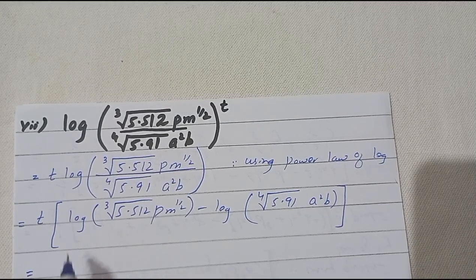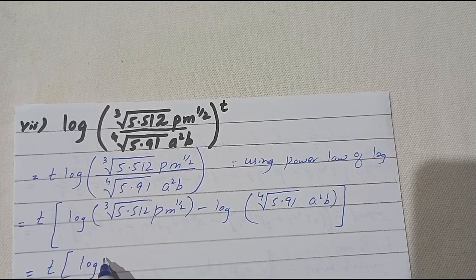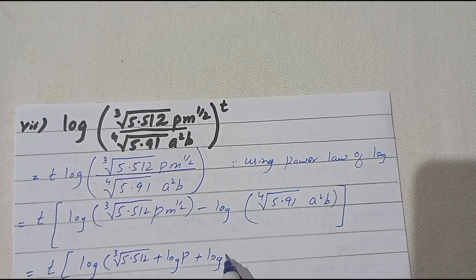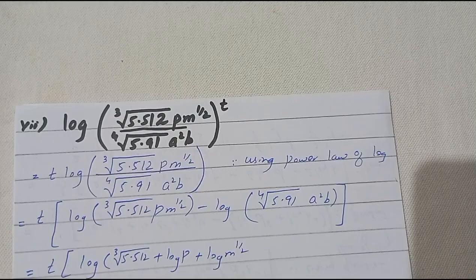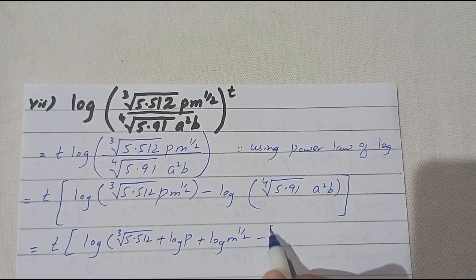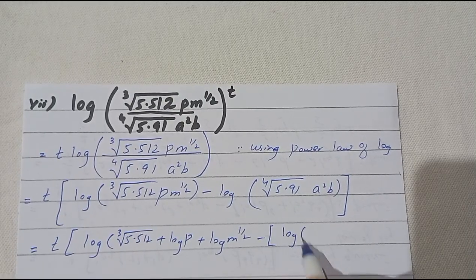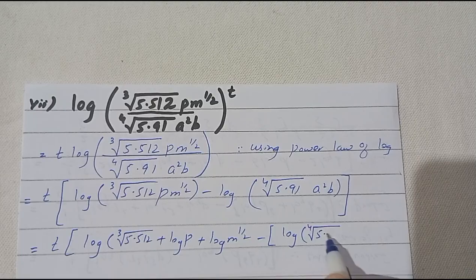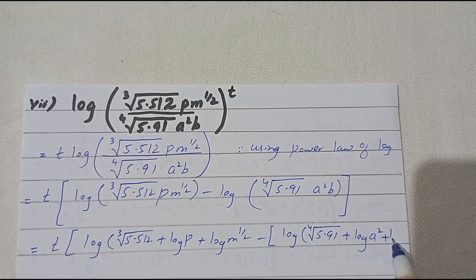Now again using product law for log, plus log of p plus log of m power 1 by 2 minus log of 5.91 plus log of a square plus log of b.